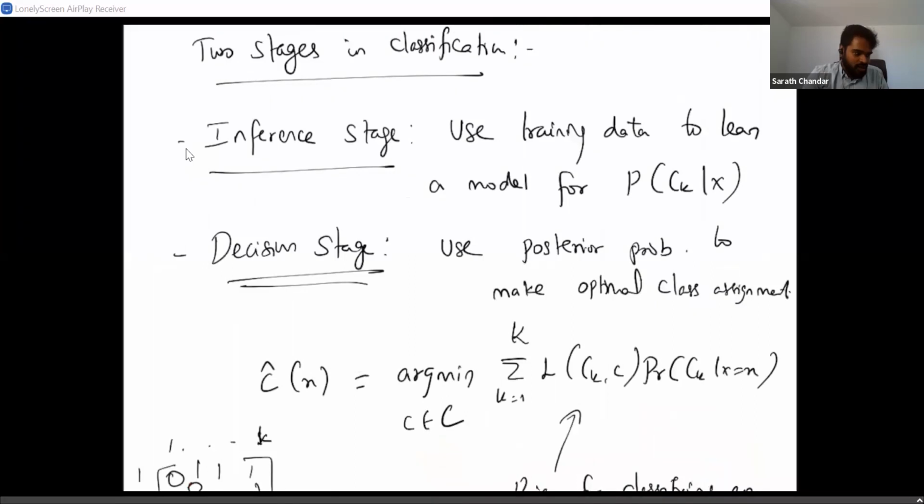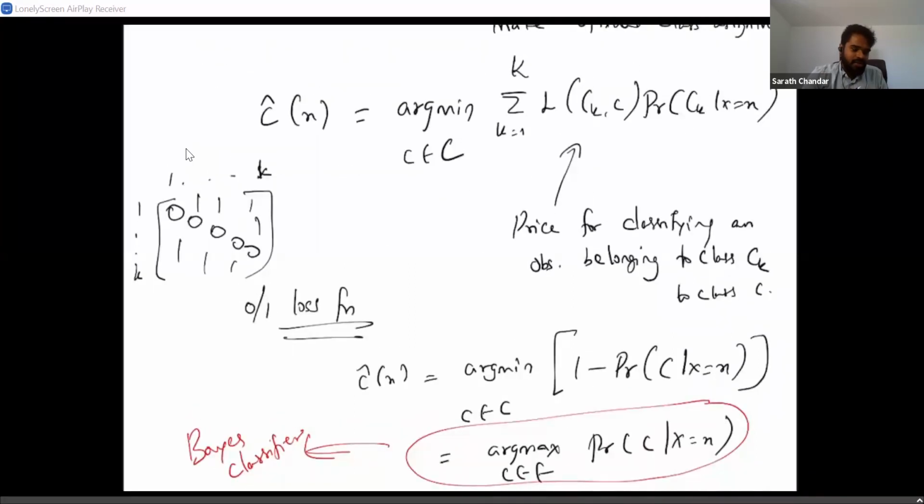Okay, so now this is the basic setup, right? Similar to how there is a true function in regression that we can never find, and we need to resort to model-based techniques, the same holds for classification too. We could never find this Bayes classifier simply because we don't have access to the true probability distribution. So we are going to come up with our own models which are going to estimate these probability distributions.